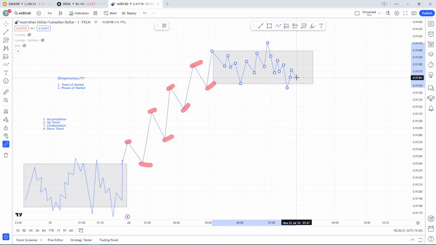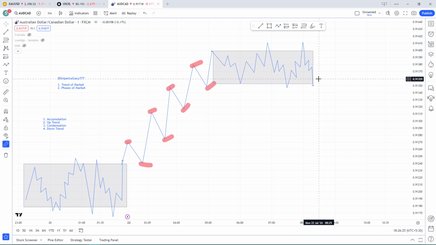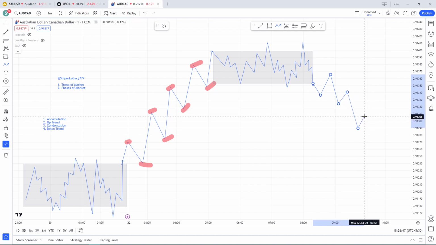It's going to have erratic behavior, higher highs, higher lows. The moment you think it is going to fall, it's going to rise. The moment you think it's going to rise, it's going to fall, right? So what happens in condensation is the price will have erratic behavior. It is going to consolidate in a defined range, and after condensation we have something called a downtrend.